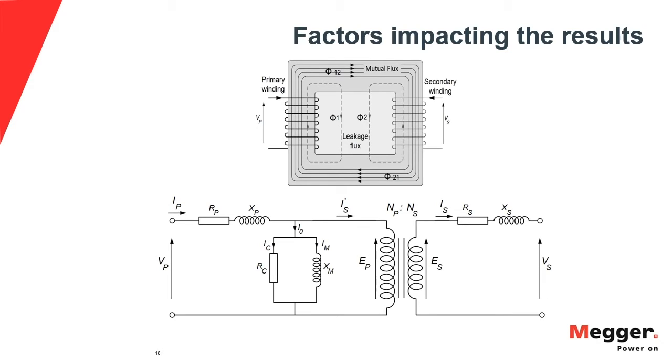We are stepping down the voltage we are measuring. The voltage that we're inducing will be lower than the one that we are applying. And if we do the opposite, if we apply on the low voltage side of the transformer, then we're stepping up, right? The technique is called step up measurement.